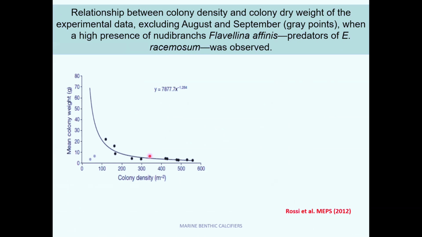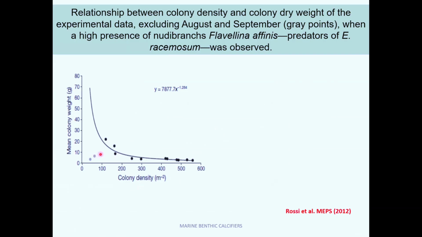If we see here, there is a tendency, a negative exponential curve that is just broken here by a couple of months in which this is not working. So the colony density here is low, and the mean colony weight is low. And what happens here?